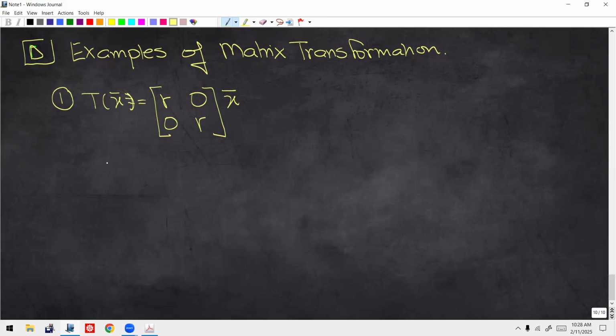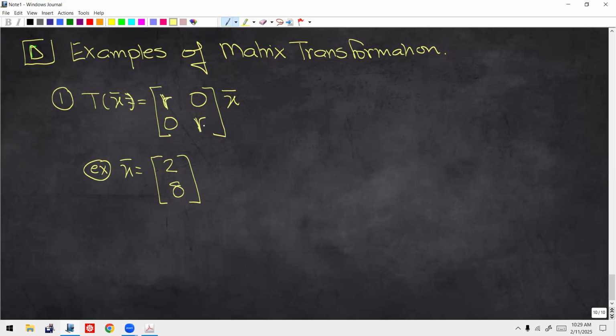So a good way to start is let's just pick a couple vectors and see what happens to them. Okay, so here are some examples. So let's say I take a vector x, let's say it is 2, 8. And r is just a constant, just so you know.